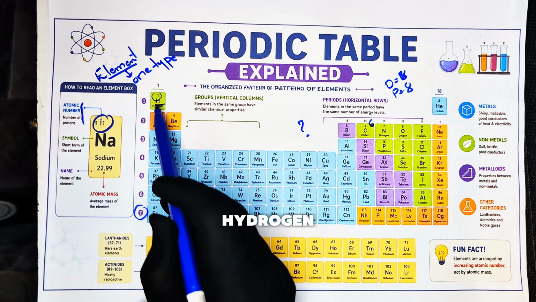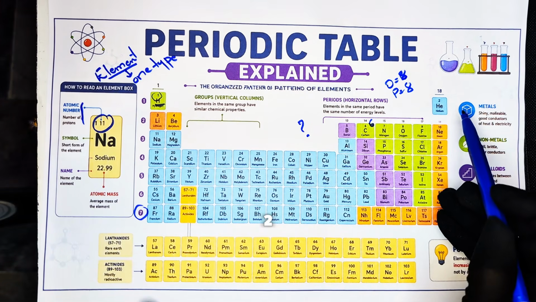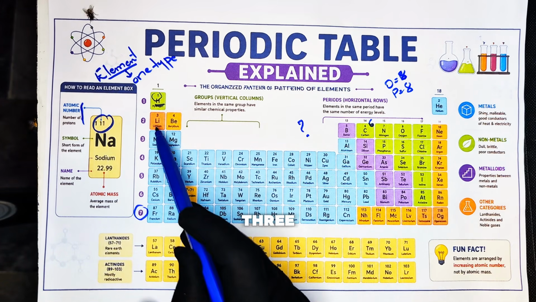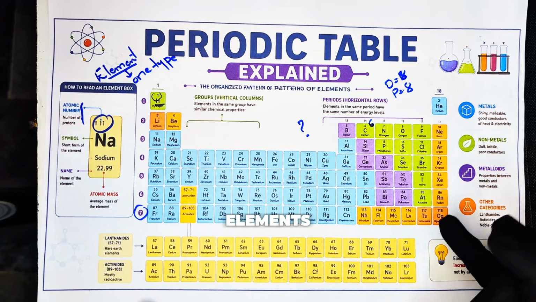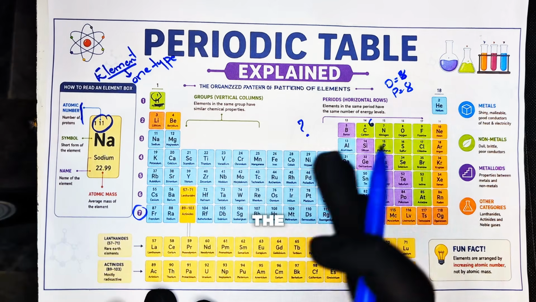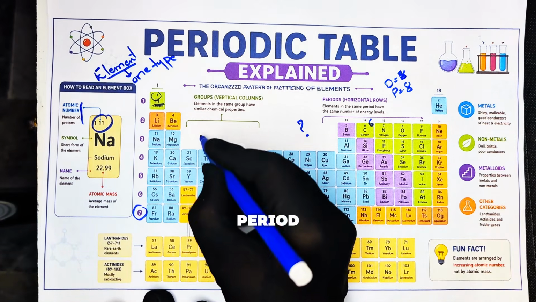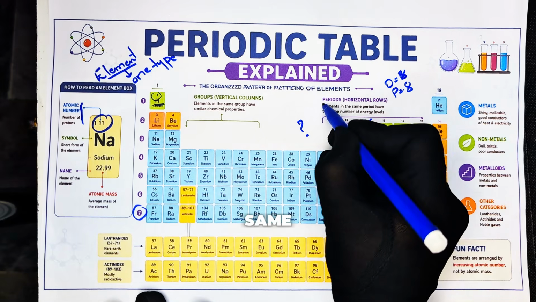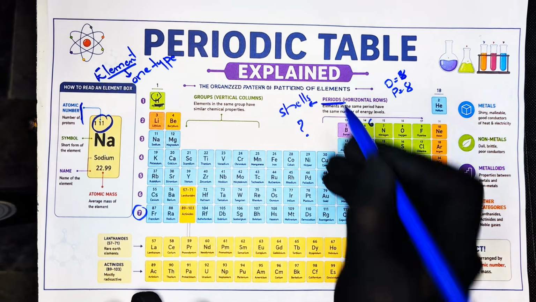So hydrogen is number 1, helium is number 2, and lithium is number 3, and so on. But periods are not just lines separating elements. They tell us about the electron shells of atoms. Elements in the same period have the same number of shells.